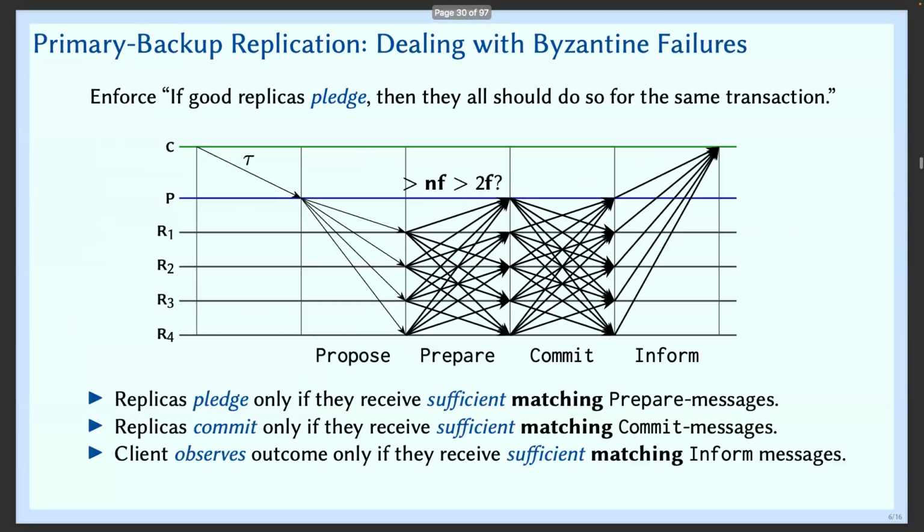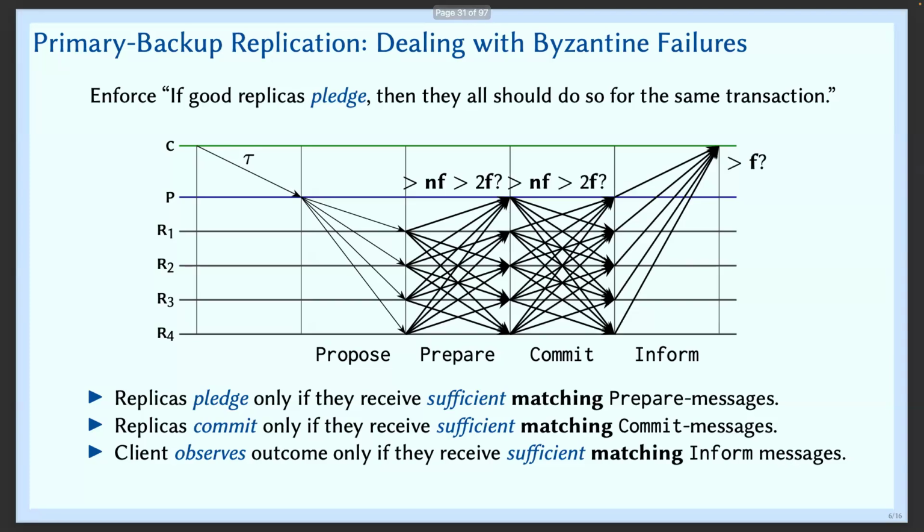And some arithmetic to make sure the numbers work. What we talked about so far, we want our vote to be larger than or equal to the number of non-faulty replicas, which is 2F plus 1. All our quorums for prepare and commit are at least 2F plus 1, with the exception of the client.